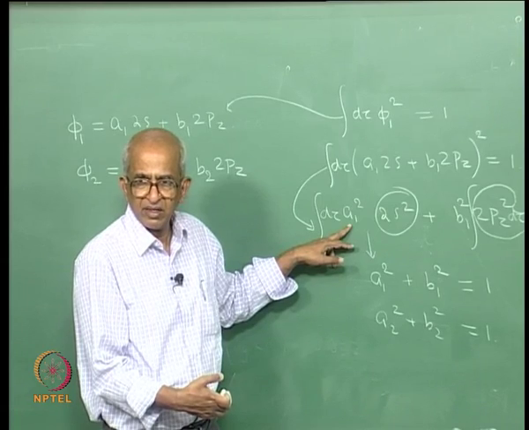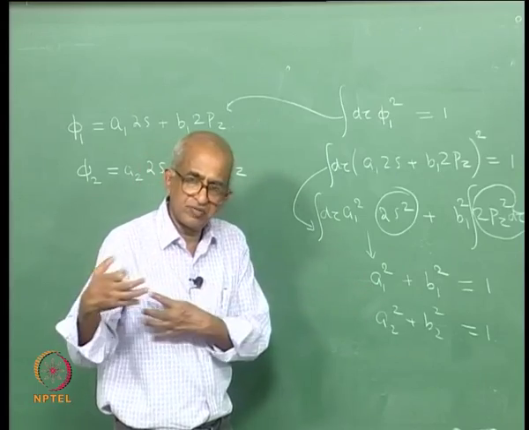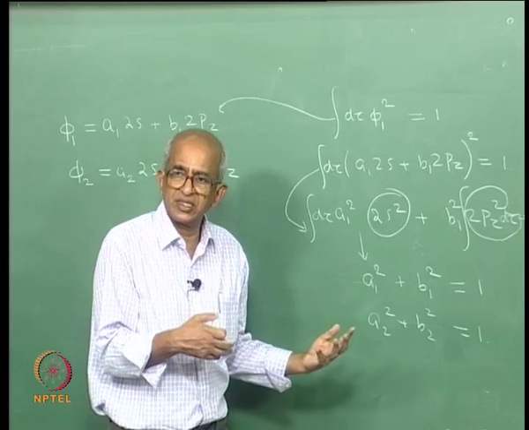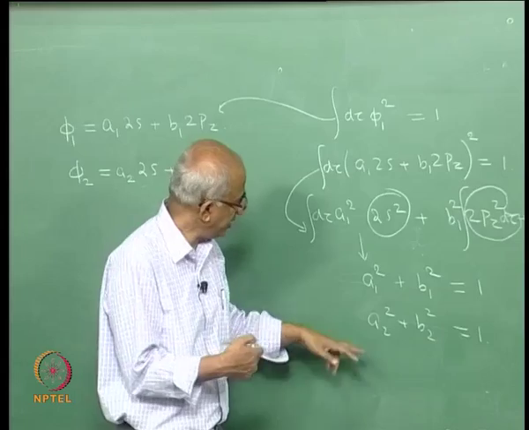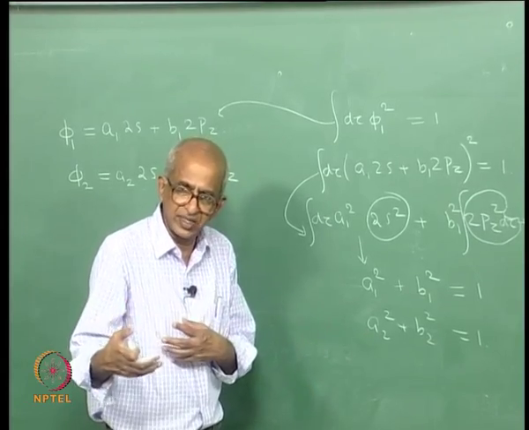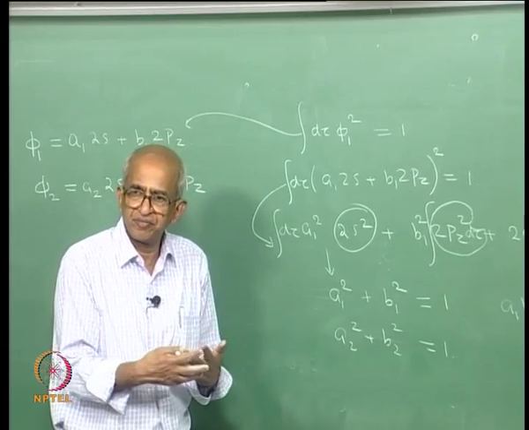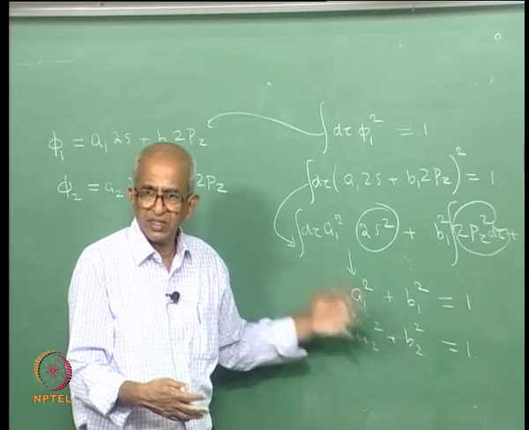So you can say a1 square is the contribution of the 2s, b1 square is the contribution of the 2pz to the orbital phi 1, and similarly a2 square is the contribution of the 2s, and b2 square is the contribution of 2p to the orbital phi 2.